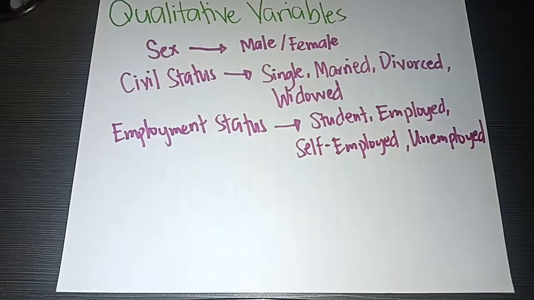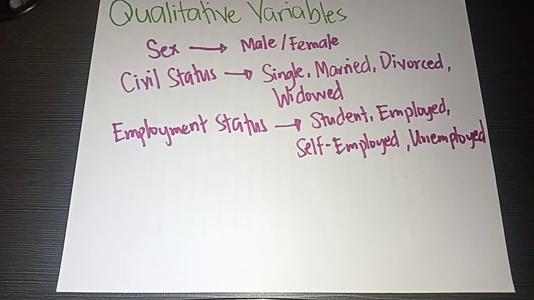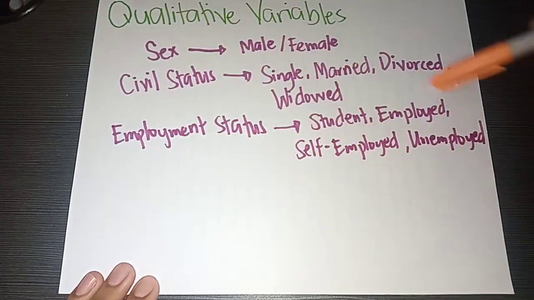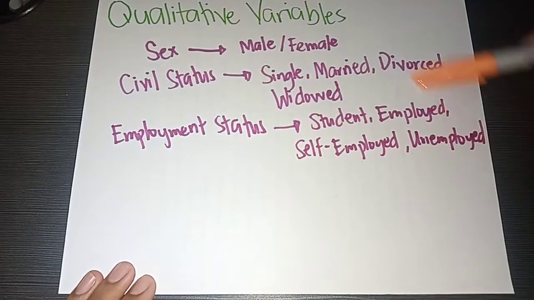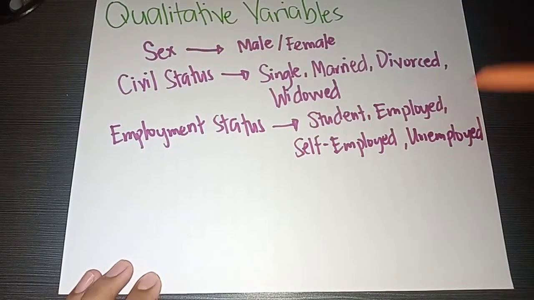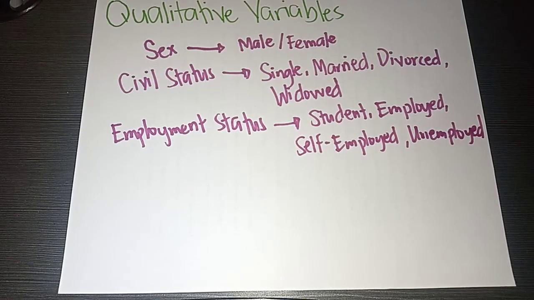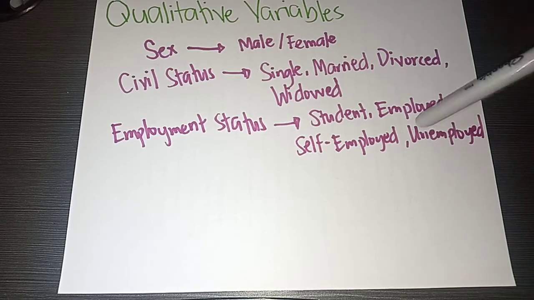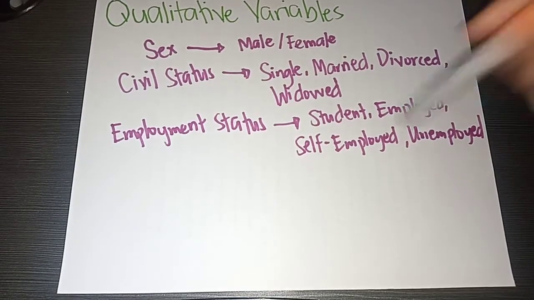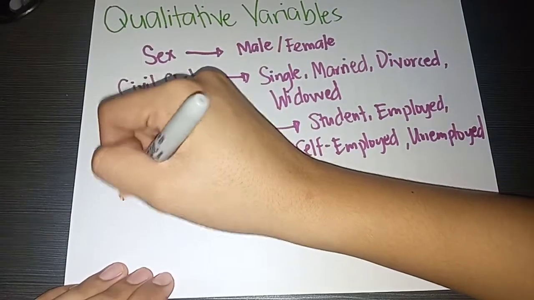Now, using these simple examples, using these set of characteristics and set of possible values, what can we infer about qualitative variables? So, in identifying qualitative variables, do we use our five senses? Let's say for another example, let's have the variable taste.